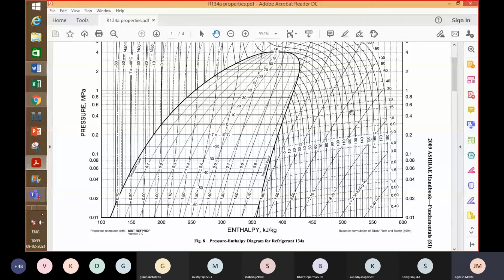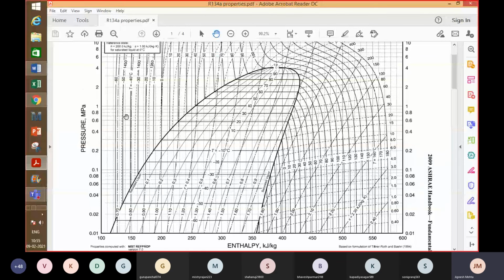Then this is a constant temperature line, you can see here, T equal to minus 10 degrees Celsius. It's a horizontal line inside the saturation dome, but it is a very steep line on the left, minus 10. You can read it again here, right, minus 10.